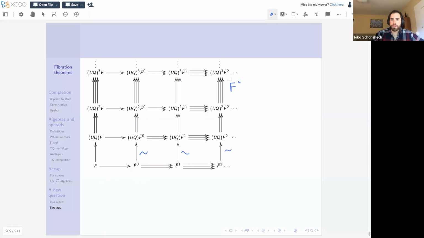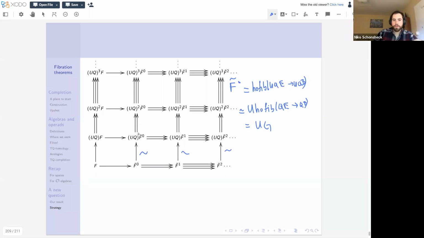If you remember, F0 tilde was defined as the holim of UQ, UQ, UQ. U is actually a right Quillen functor, so that pulls out of the holim. In other words, it commutes with that homotopy limit. Let me just call this UG.